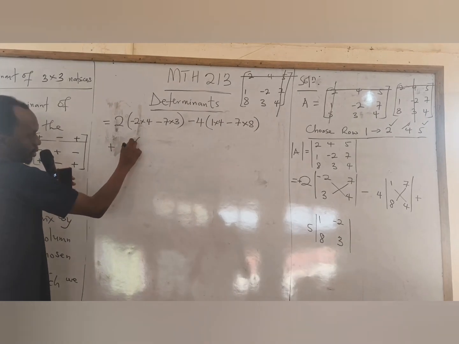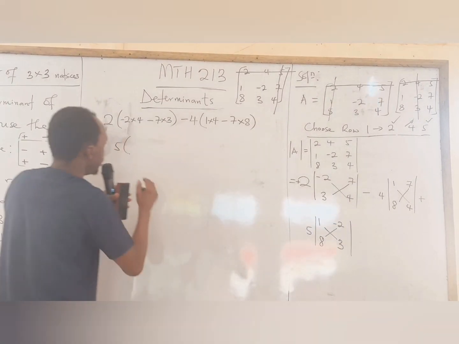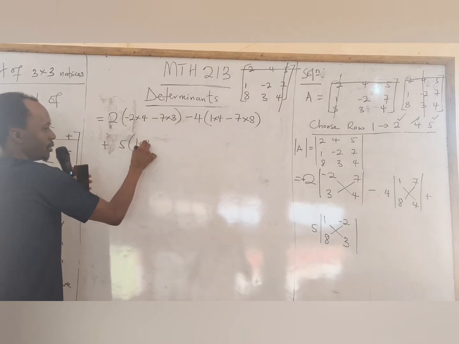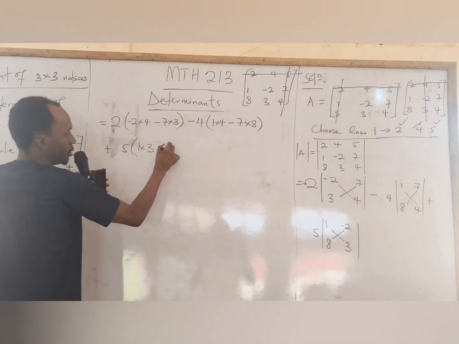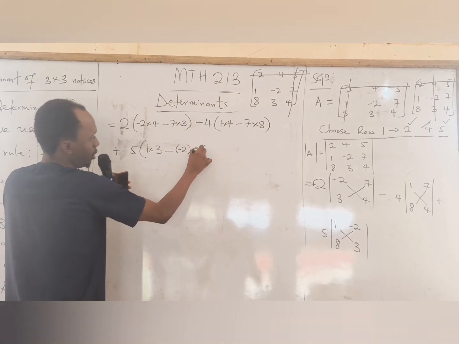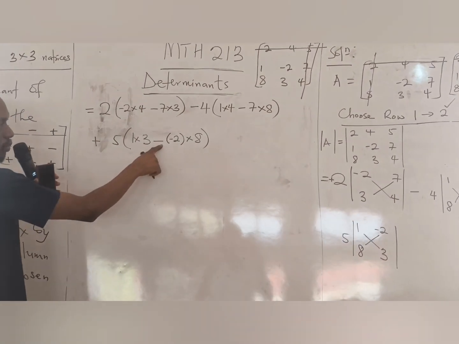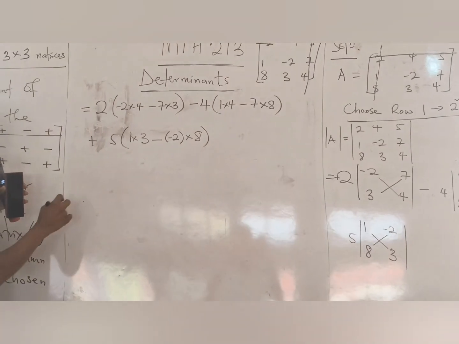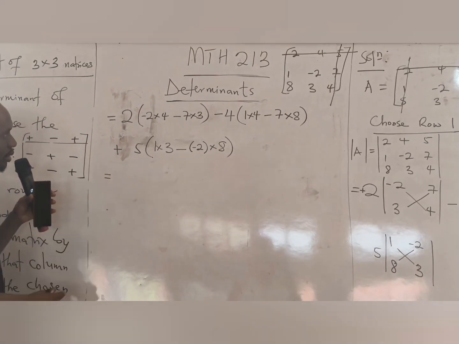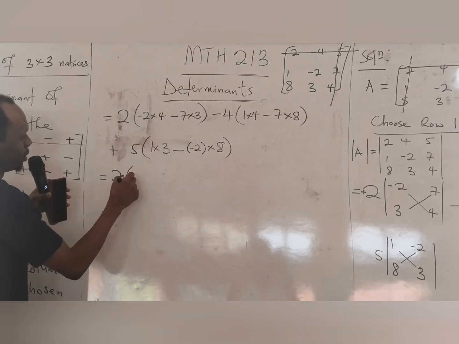5 into bracket. Now it is like this. Can you see? 1 times 3 minus negative 2 times 8. Don't forget the negative or you get the wrong answer. That's why I put it in bracket. So let's go on. 2 into bracket. This times that, negative 8.